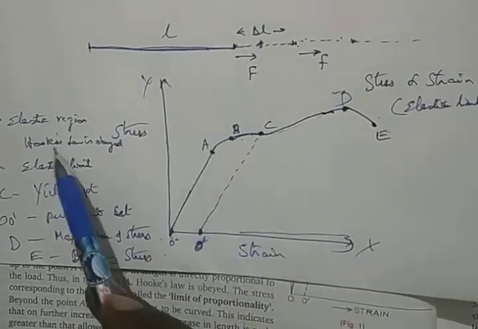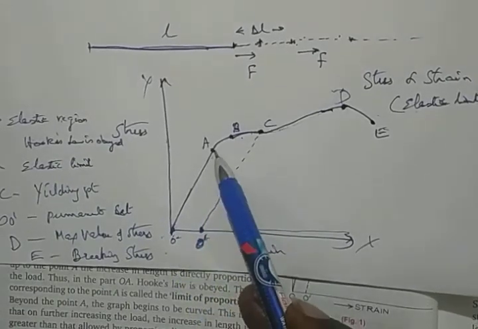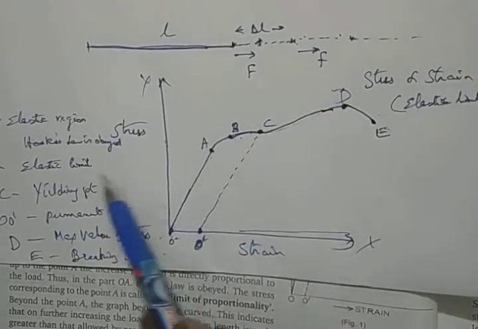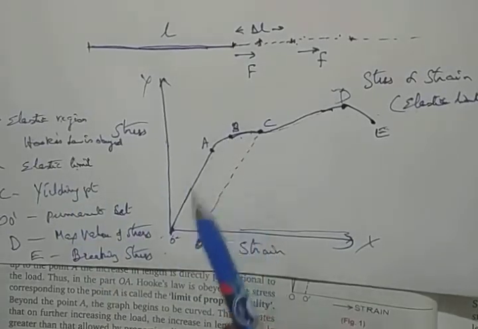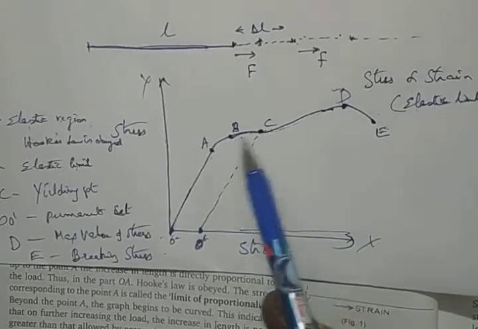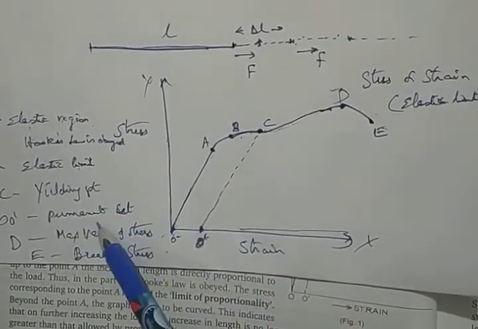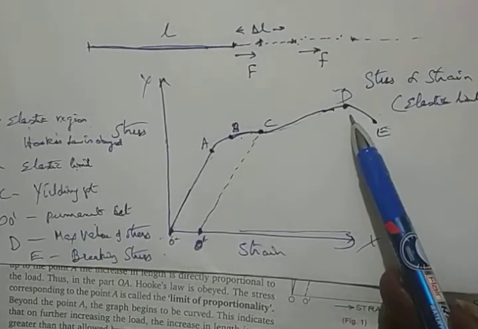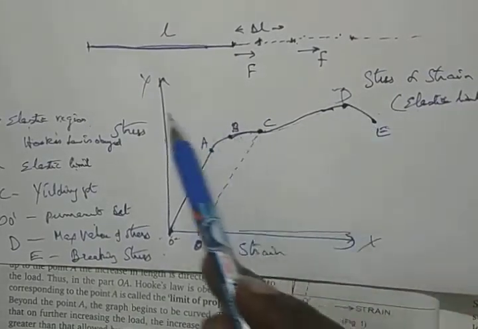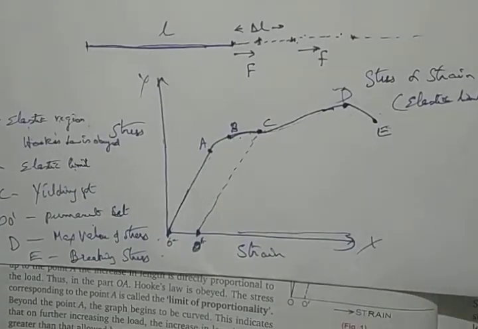OB is called the elastic region, where Hooke's law is obeyed, and slightly it obeys here also, so it is called the elastic limit. Afterwards C is called the yielding point. You release your force and it comes to this position, called permanent set, and it flows so fast and goes to point D, the maximum value of stress, and afterwards the breaking point, where it finally breaks.